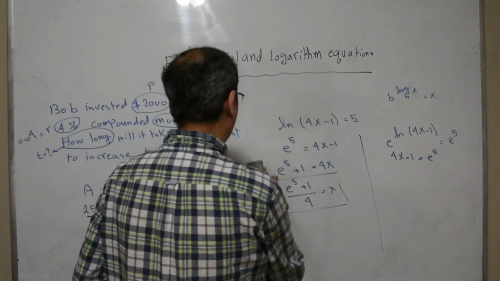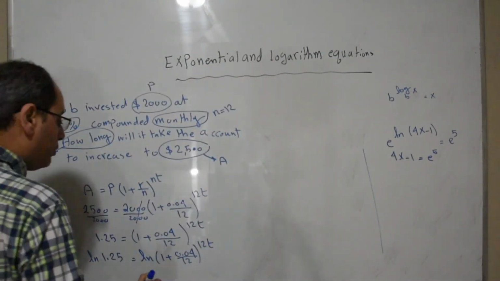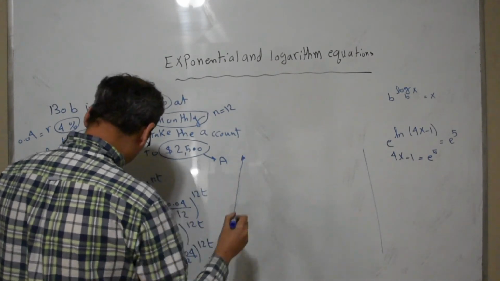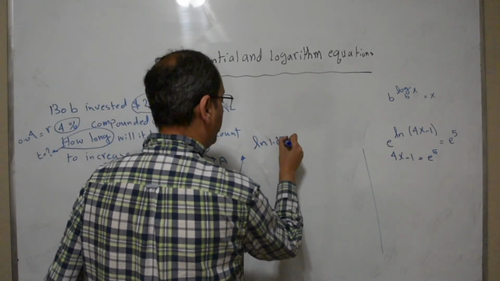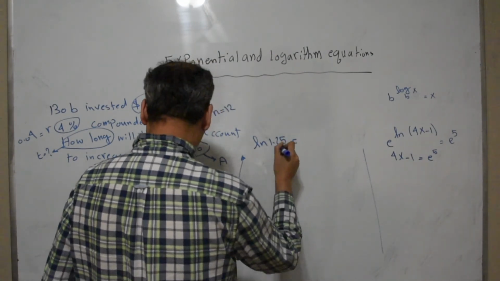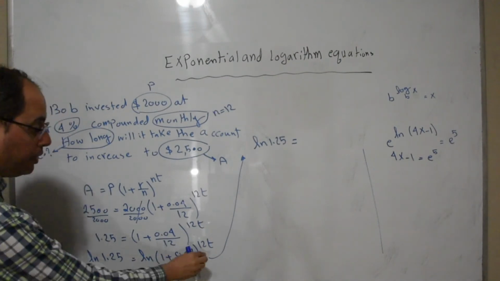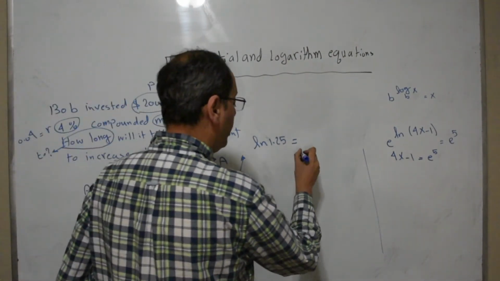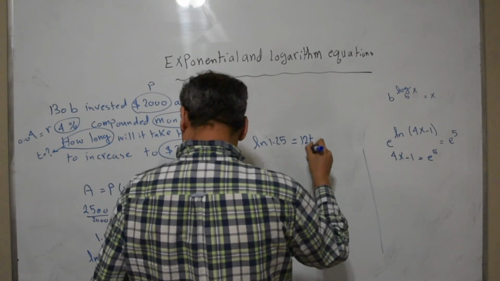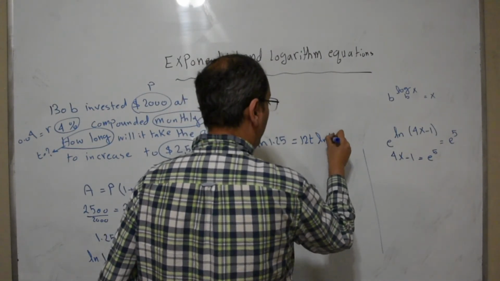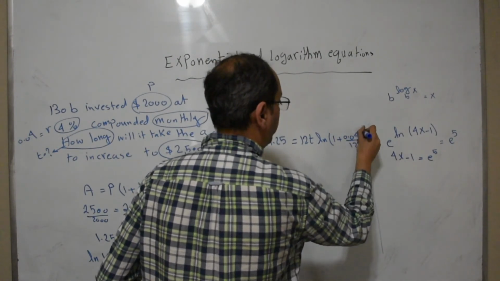Now I'll continue here. I have the natural log of 1.25 equals the natural log of that power. I'm going to use the power rule. I'm going to get the 12t first here in front of the natural log: 12t times the natural log of 1 plus 0.04 divided by 12.